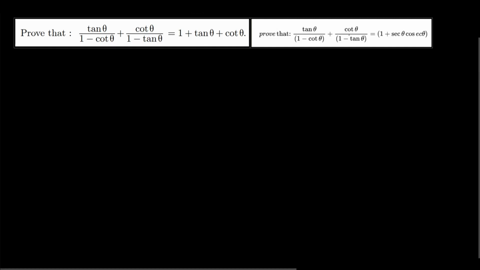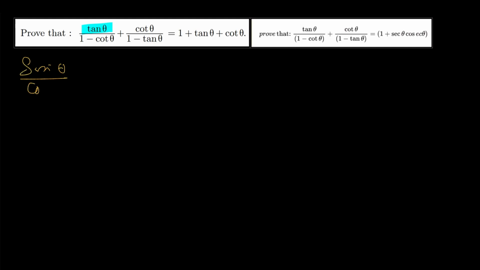So what I can see over here is that we'll first be converting this tan and cot in terms of sine and cos. So first we have tan, and what is tan theta? Tan is sine over cos. So this is sine theta over cos theta, and that whole divided by 1 minus cot, and cot is cos theta over sine theta.